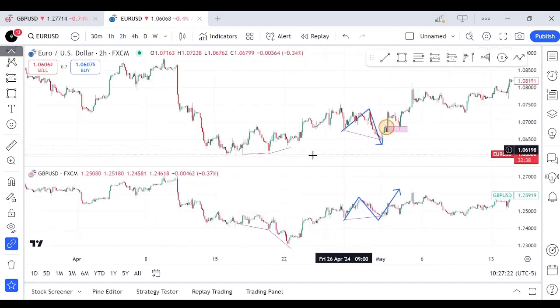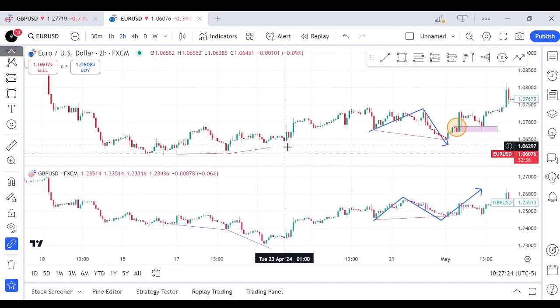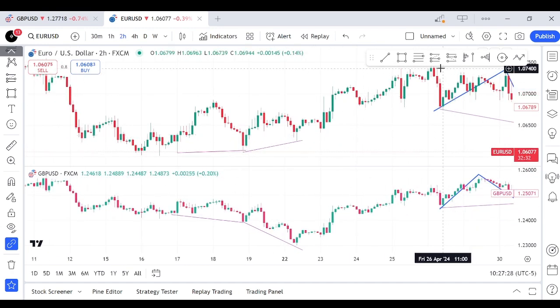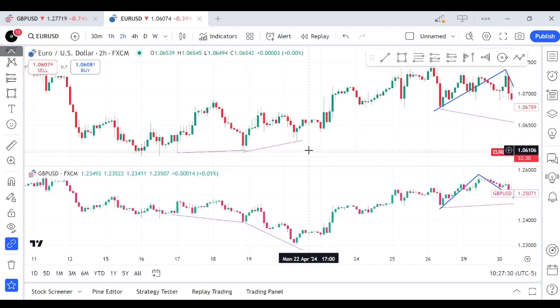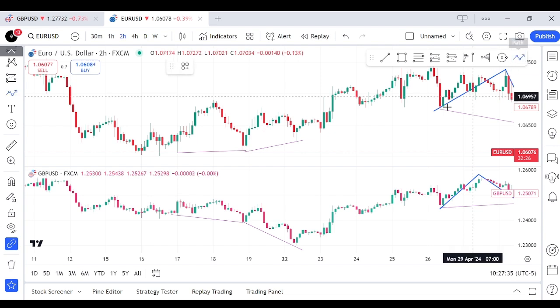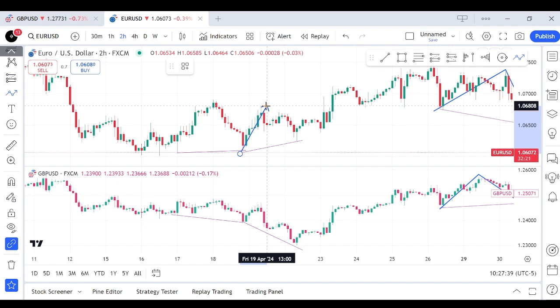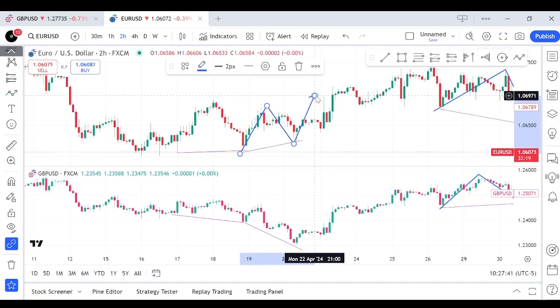So you can see this one, this is another example. Let me put on my part 2. You can see this higher low right here, higher high, higher low, higher high.